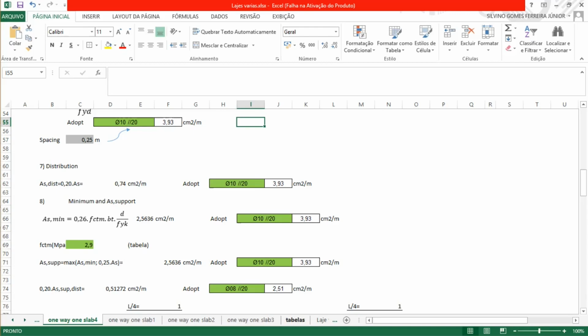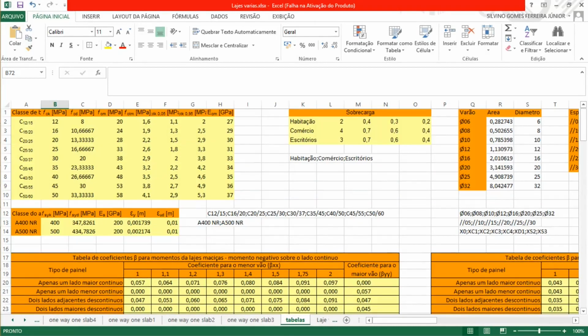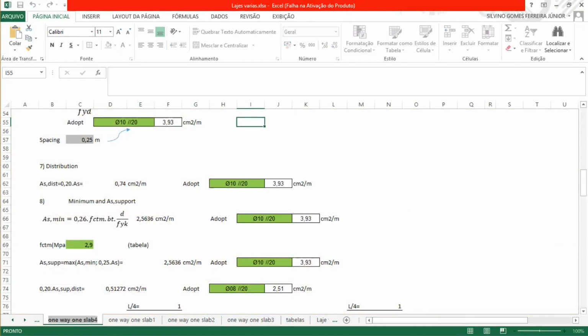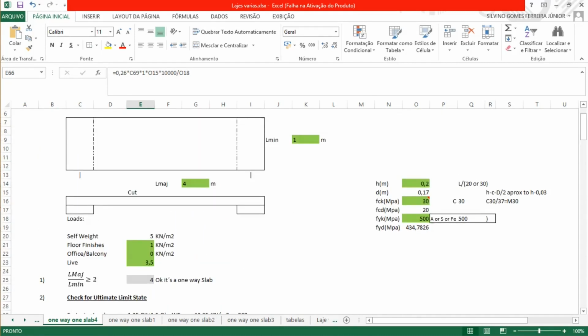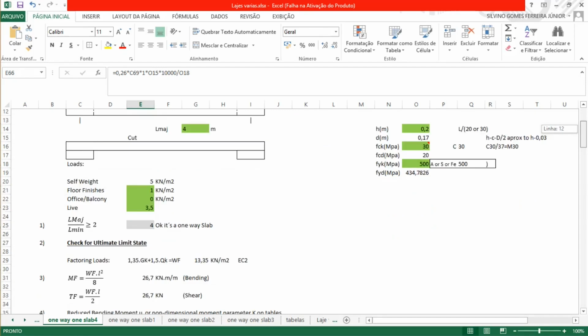So if you go to the tables, you have here FCTM megapascal, and for the concrete C30/37 you go here, it is 2.9. Okay, so you have there 2.9 multiplied by, we are using 1 meter, multiplied by D, that in this case is 0.17 meters.